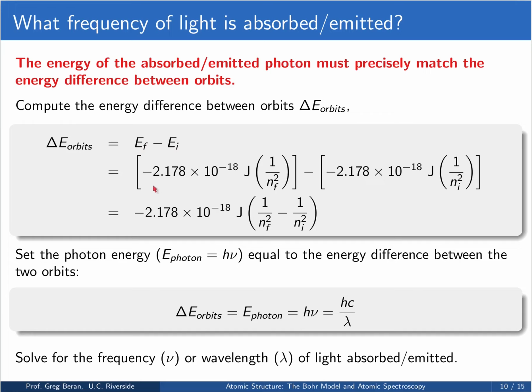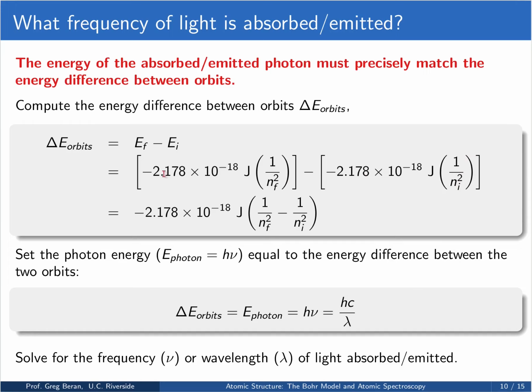Now the energy of the orbits is given by this expression here, minus 2.178 times 10 to the minus 18 joules times 1 over n squared. And since this is our final orbit, I'm calling this n final squared, minus the energy of the initial orbit, which is exactly the same, except I'm plugging in the initial value of n in here.